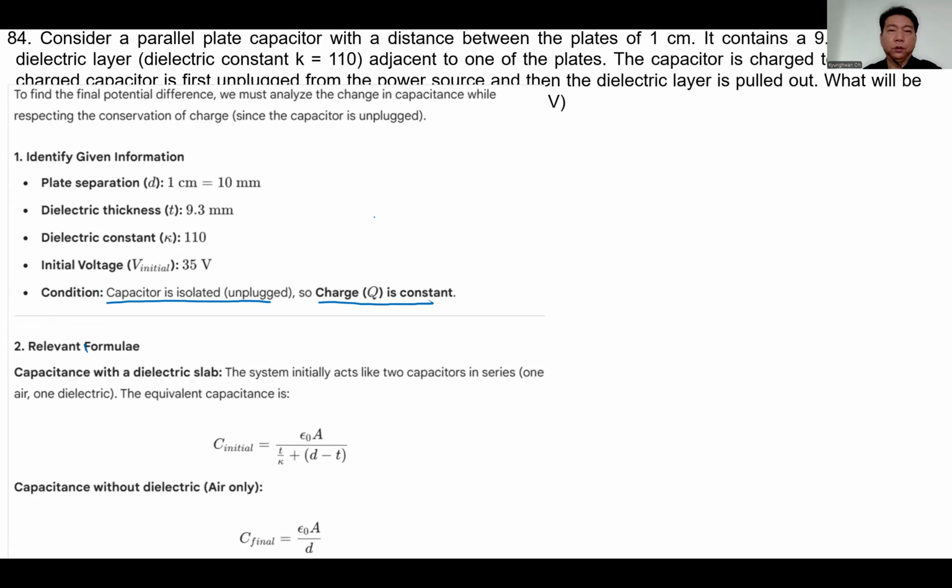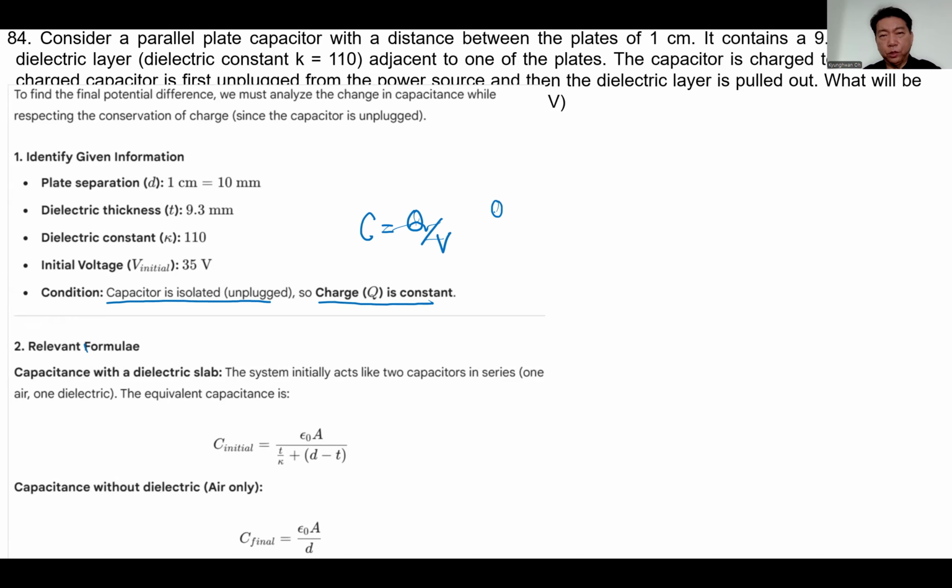Okay, so if you think about it, C is Q over V. And then we need to think about how the initial charge and the final charge would change.